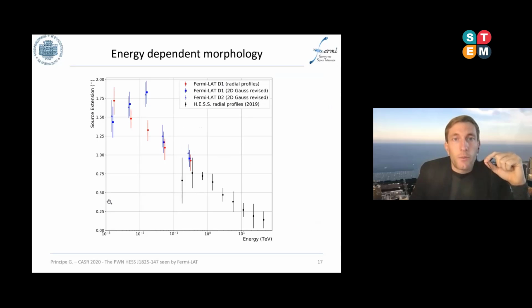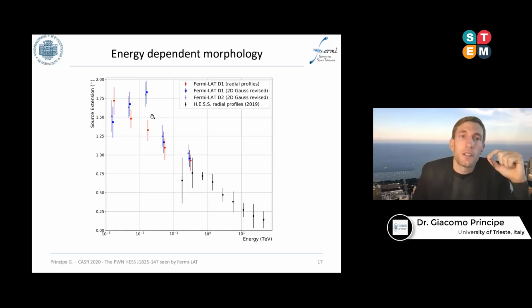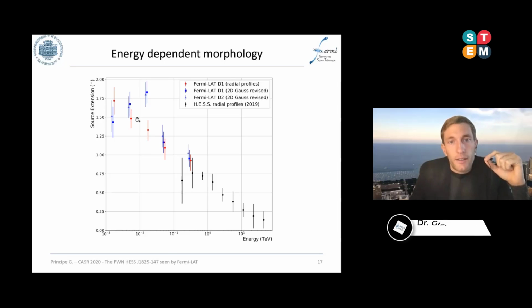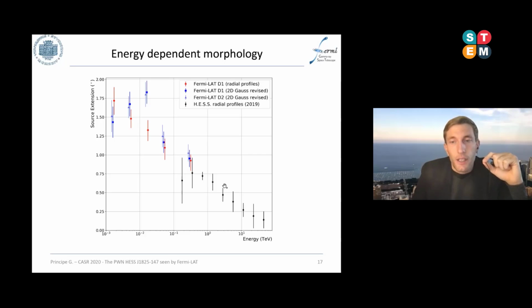Combining both results, the 2D Gaussian revised by accounting for the shift between the center of the Gaussian and the pulsar position, we can then compare with the H.E.S.S. results above 1 TeV, and we can see that the extensions decrease going to higher energies, where the electron cooling really starts to dominate.